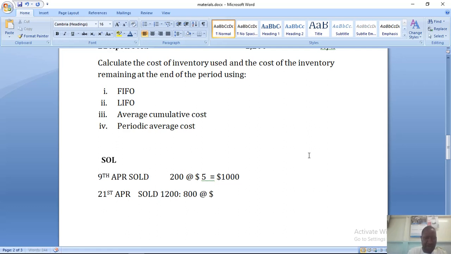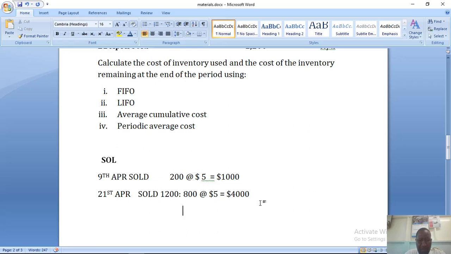That should be the first units to be issued or to be sold at $5 per unit. So 800 units multiplied by $5 per unit, 8 by 5, that will give you $4,000. So if we issue 800 from the opening inventory at $5, we have $4,000 cost of sale.